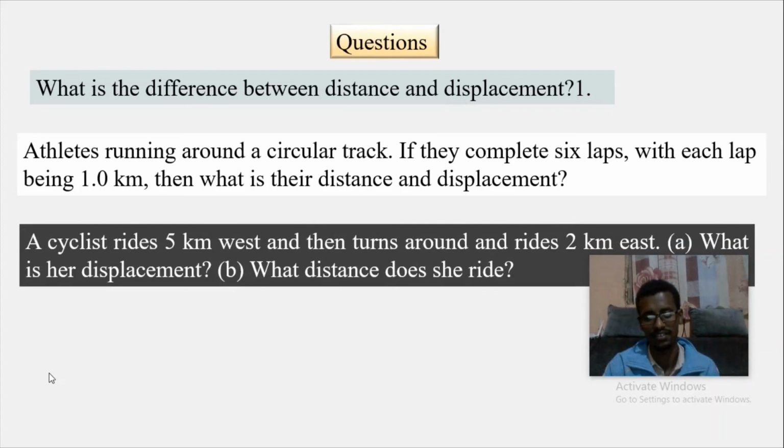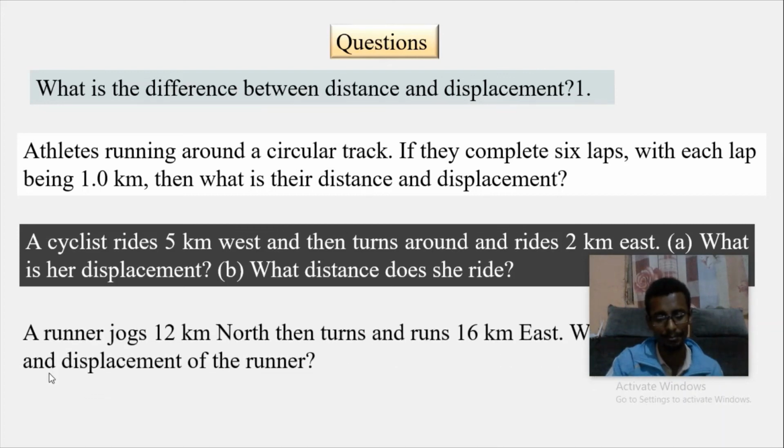Third question. A cyclist rides 5 kilometers west and then turns around and rides 2 kilometers east. What's her displacement? What's the distance she rides? A runner jogs 2 kilometers north, then turns and jogs 60 kilometers east.